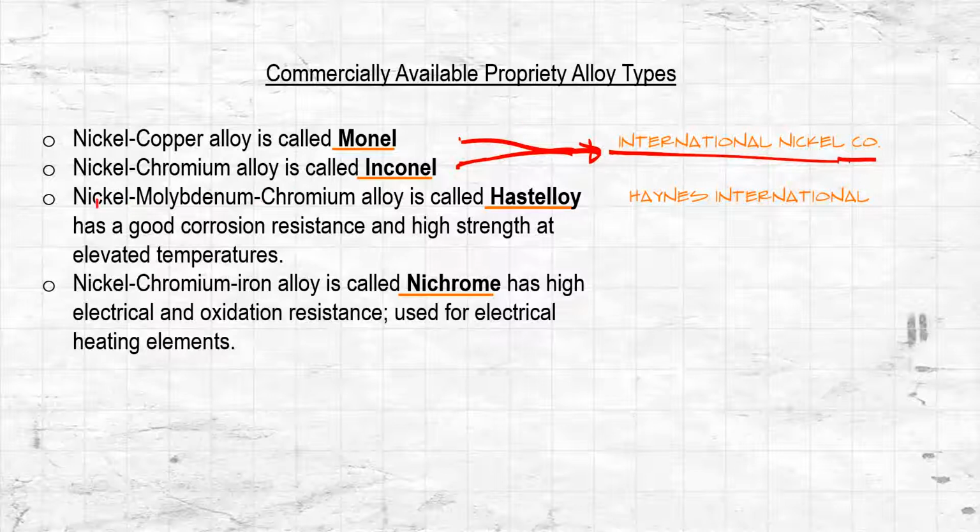If it's a nickel, molybdenum, and chromium alloy, a combination of these three elements, then that's this one, by this company. Another one is the nickel chromium iron alloy, nichrome. Nichrome has high electrical resistance and oxidation resistance, so it is used for electrical heating elements.